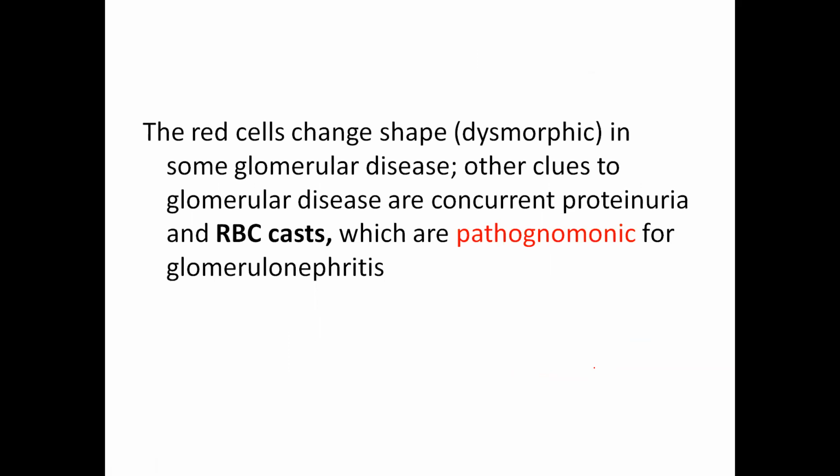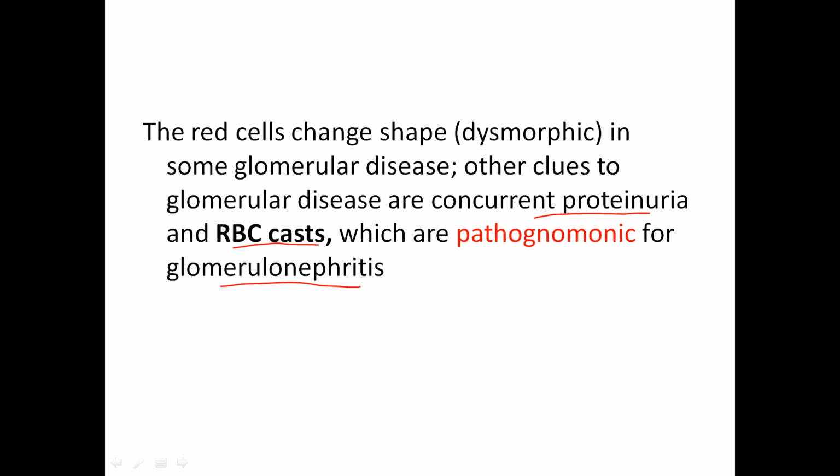Another clue to glomerular disease is concurrent proteinuria with RBC casts, which are pathognomonic for glomerulonephritis. RBC casts are only seen in glomerulonephritis. So if you find RBC casts, go for the differential causing nephritic syndrome.